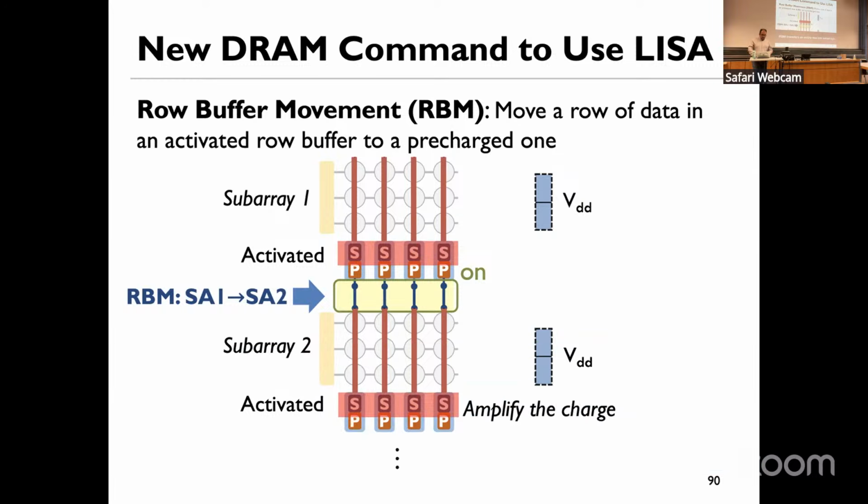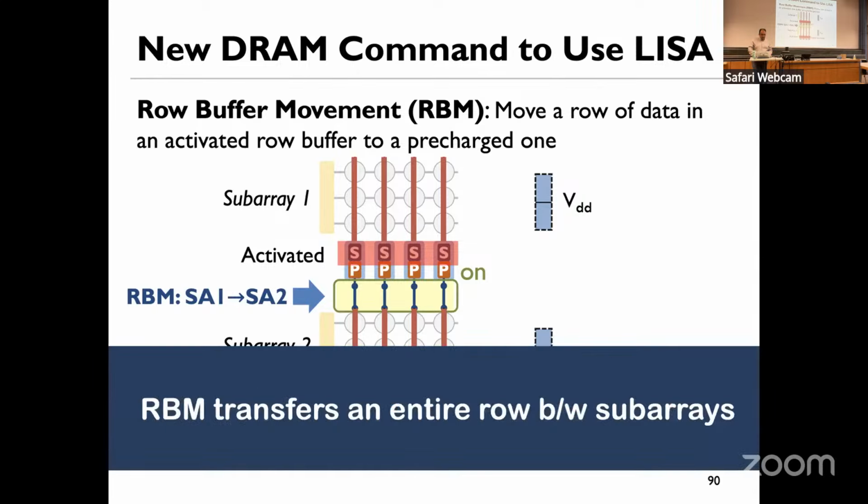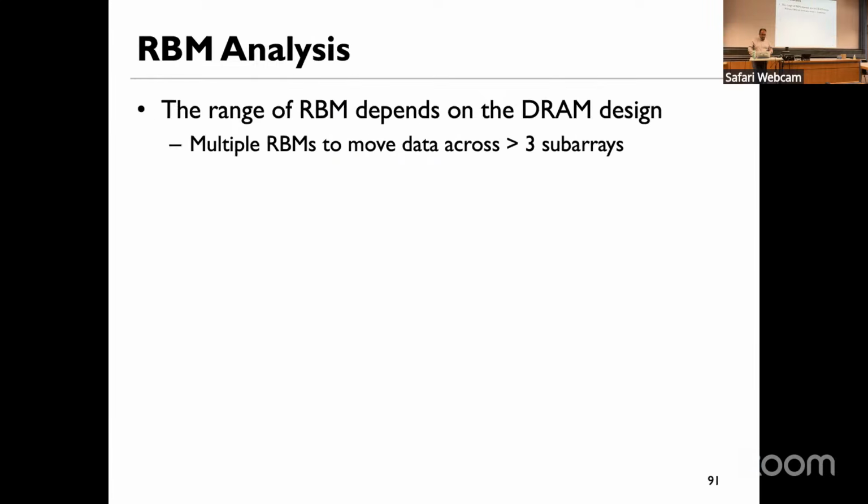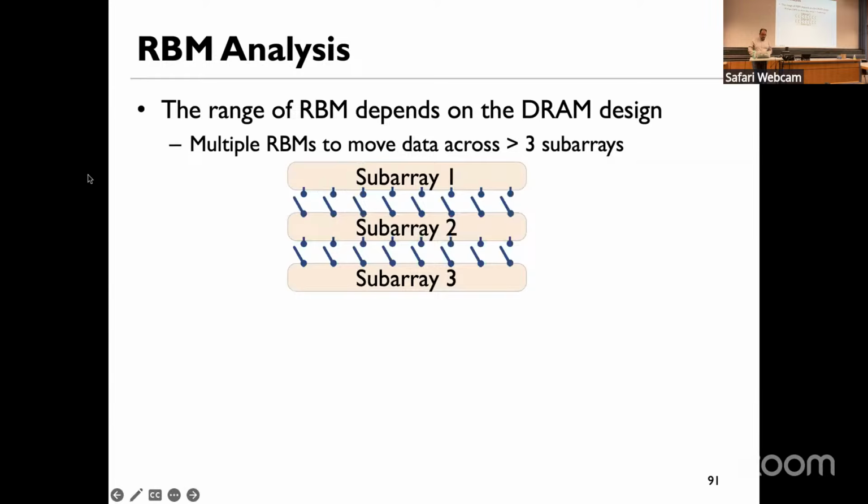So you can continue doing that, adding more connections. But we did some analysis and observed that the range of RBM depends on the DRAM design. For multiple RBMs to move data across, we limit to 3 subarrays.